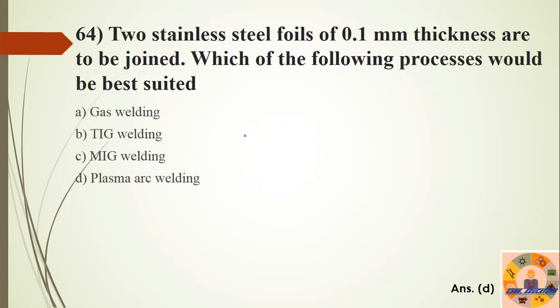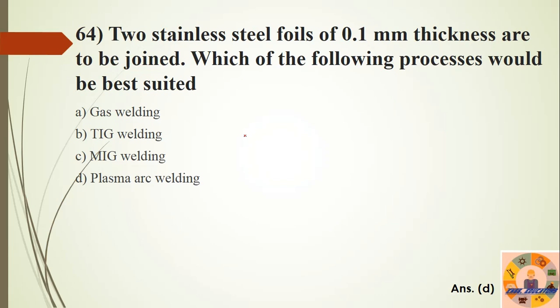Next question is, two stainless steel foils of 0.1 mm thickness are to be joined, then which of the following processes would be the best suited? The options are gas welding, TIG welding, MIG welding, or plasma arc welding.